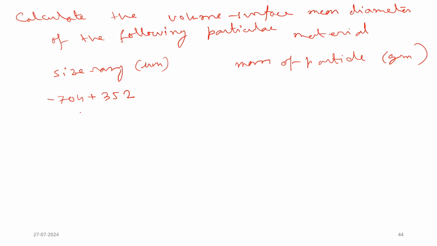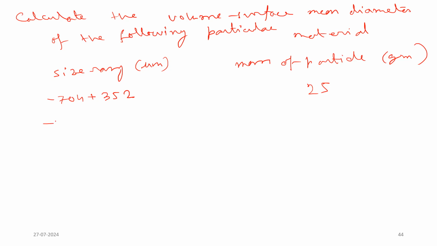Beyond 704 it can also be calculated, obviously, but below 352 it cannot retain, it will pass through. So above 352 to 704, this mesh can retain, and its mass is 25 gram.